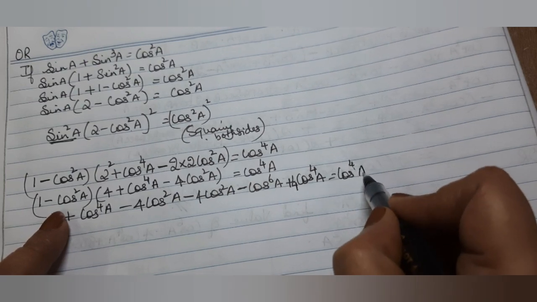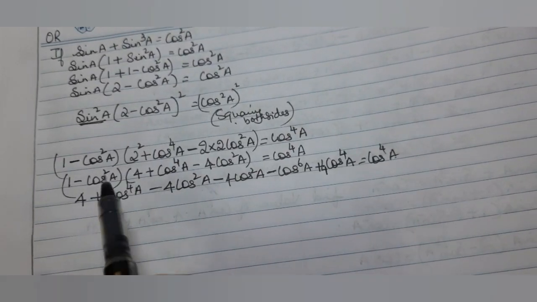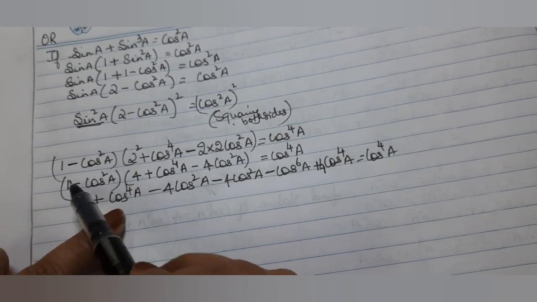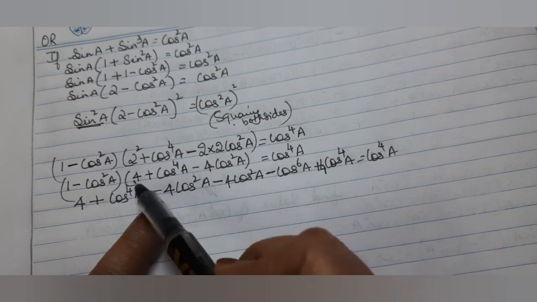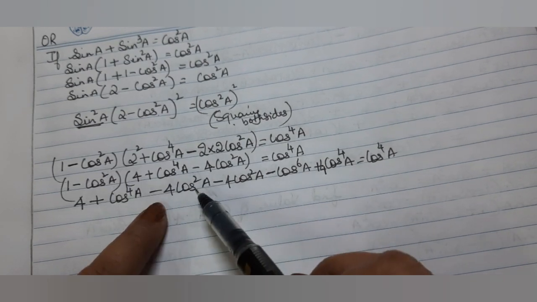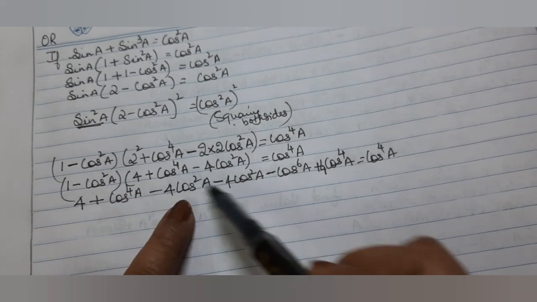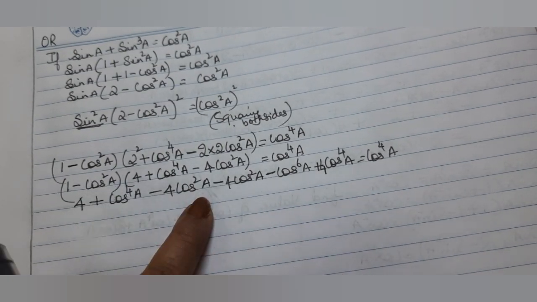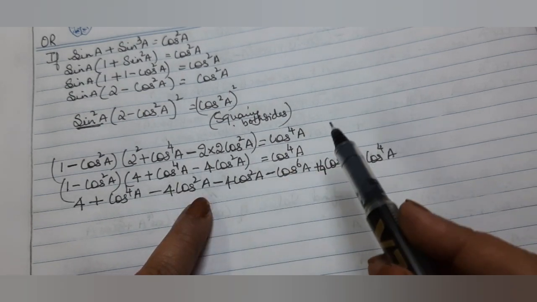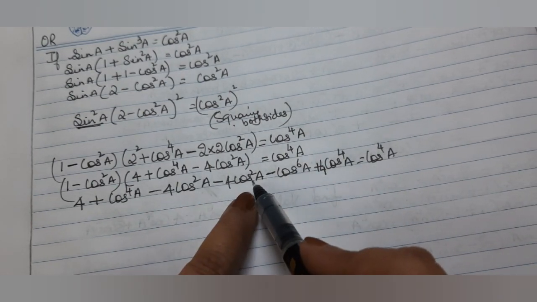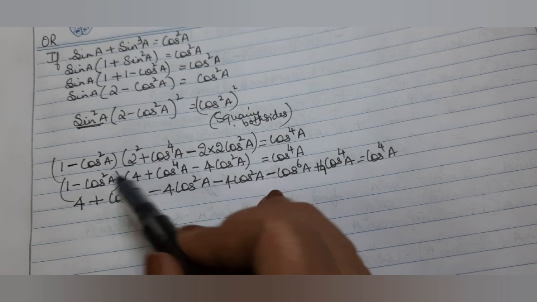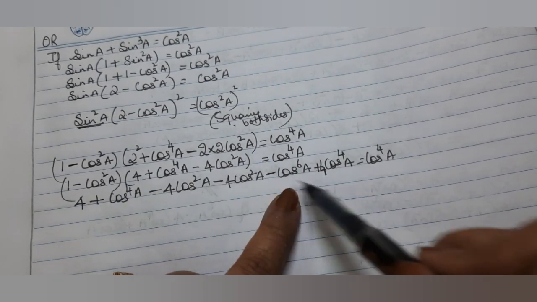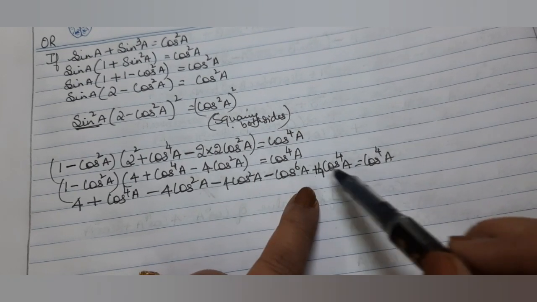cos 4A. Done. When we check, 1 into 4, 1 into this one, then minus cos square into 4, minus into plus, minus, then we have here cos square 4A, this one it is, cos square 4A 6, and then this is minus and minus plus 4 cos 4A.